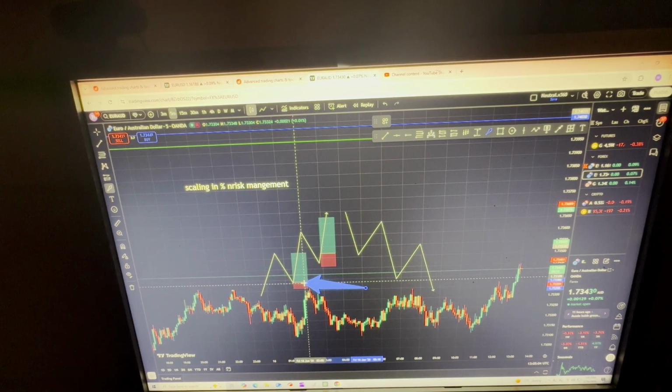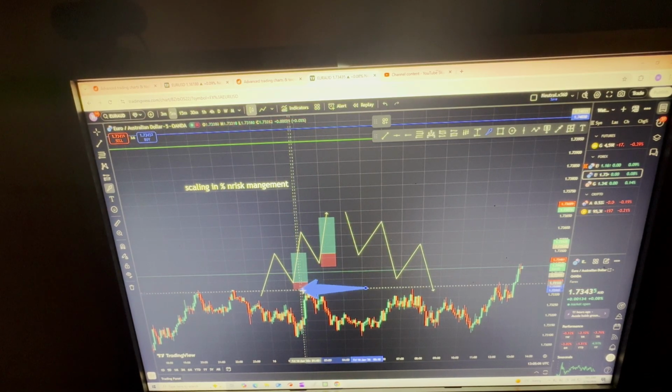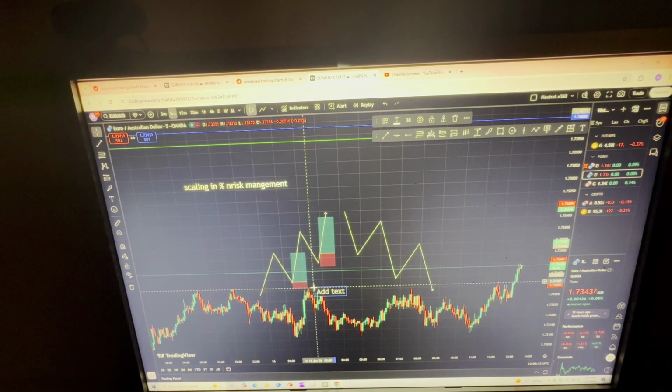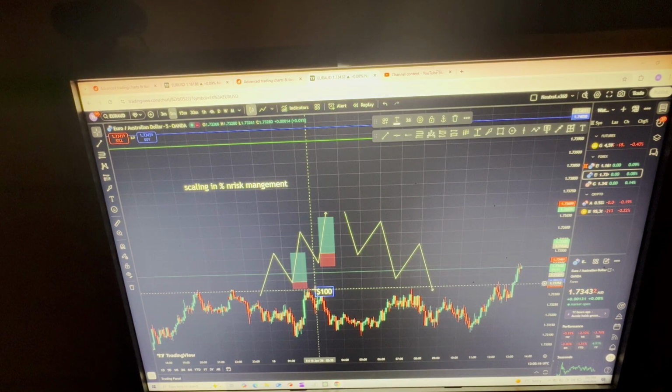So once we get on a trade like this, let's say we are risking $100 here. I think this practical section will be way better for you guys. I think I need to put a negative at the front so you guys can know we are risking $100.